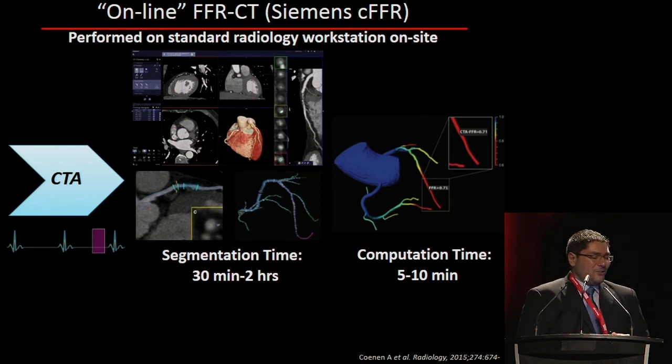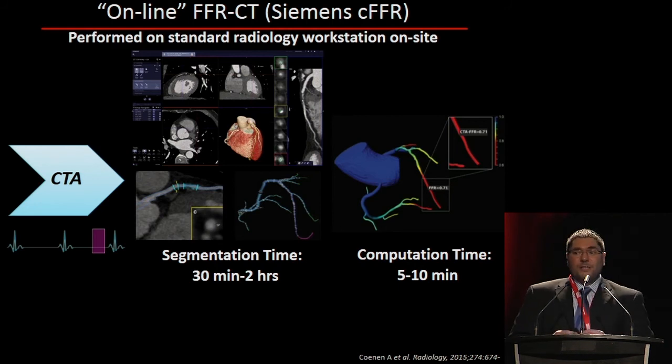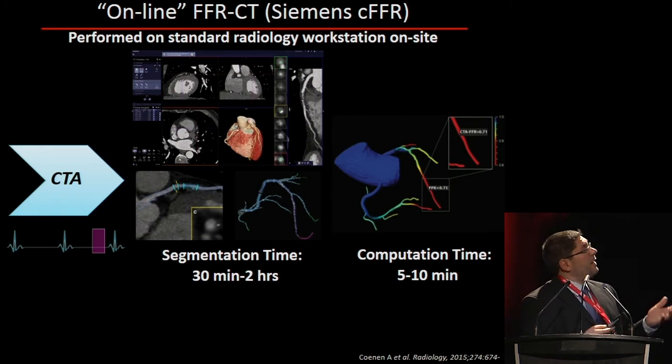Meta-analysis is a way to pool all the data and figure out where you're going for real. One of the meta-analyses that I found interesting compared studies that had used CT perfusion versus those that had used CT FFR, and how each one performs in terms of positive and negative predictive value for hemodynamically significant coronary artery disease.